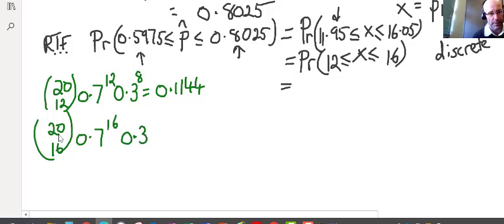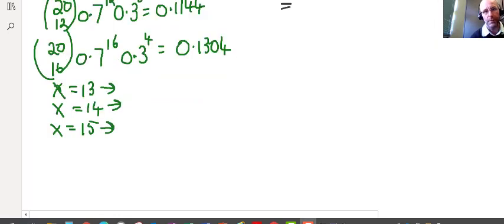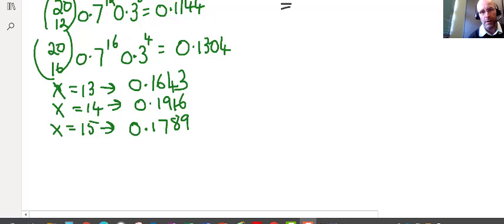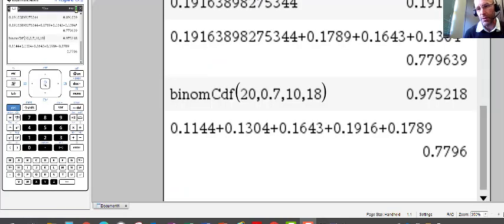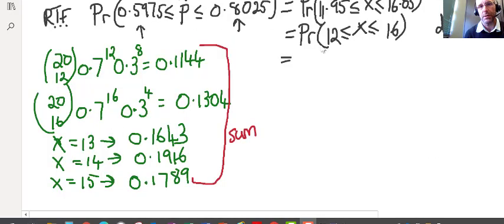And those probabilities are static. Now, because it's discrete, we need to do the same for the other X values in between 12 and 16, and that's 13, 14, and 15. And hey presto, that would be them there. So we sum them together. Down the bottom you can see 0.7796.